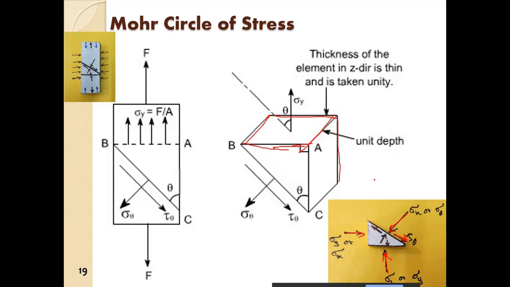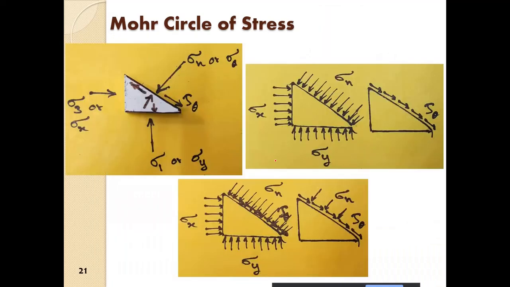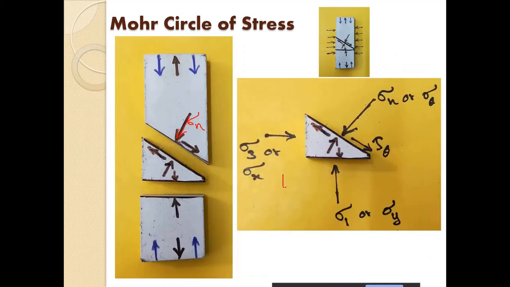Just now we have seen what the stress is and what the force is. Now to express sigma n or sigma theta and tau theta in terms of sigma 1 and sigma 3, we have to convert that into force first.